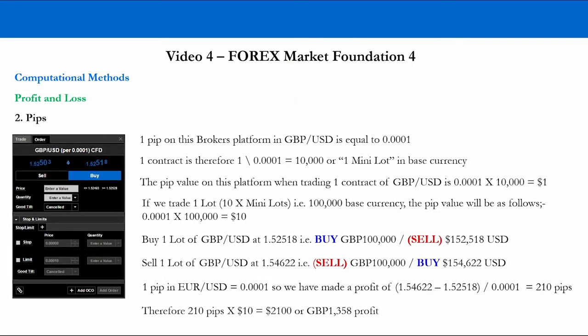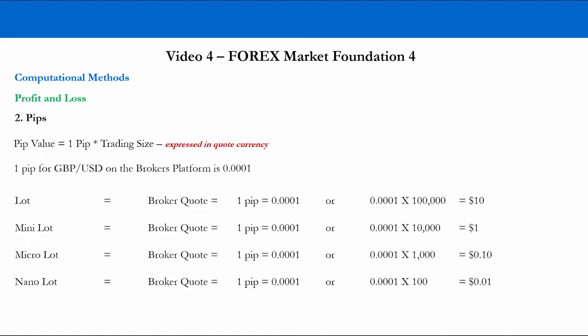So calculating profit on a currency pair by using pips and working out the pip value in the quote currency is pretty straightforward as well. And the way you can apply this across all trading platforms is by taking the broker's own pip value on their platform and applying it across the currency sizes.